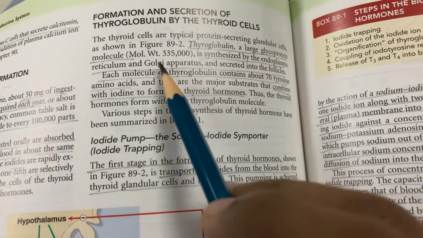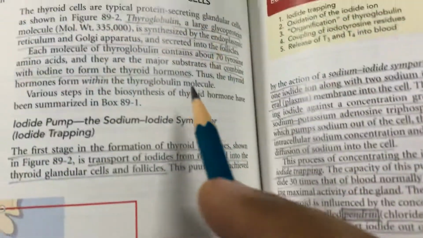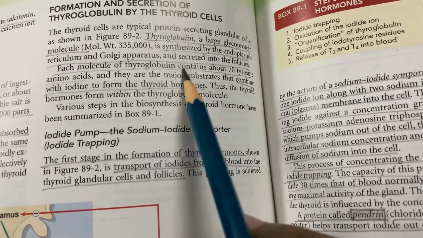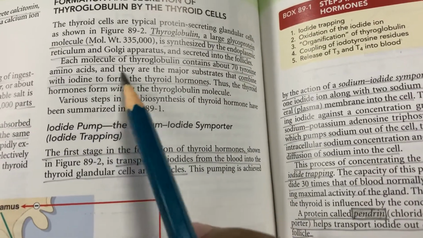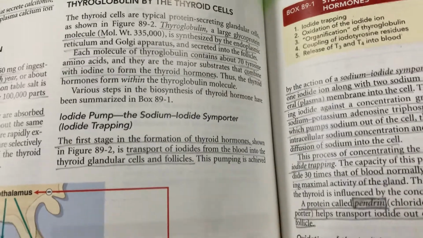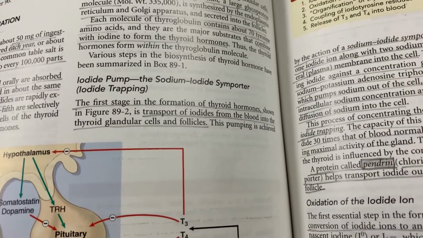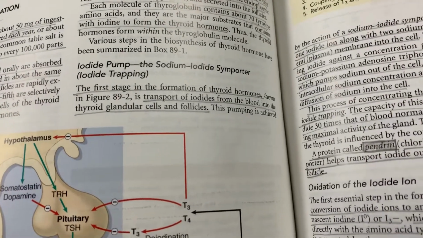It is synthesized by the endoplasmic reticulum and the Golgi apparatus. Okay, so it is secreted then into the follicles. Each molecule of thyroglobulin contains about 70 tyrosine amino acid residues, and this point is important. We'll understand that later. So you've taken in your iodine, the GI tract has absorbed it, and then through the blood it reaches the thyroid gland.